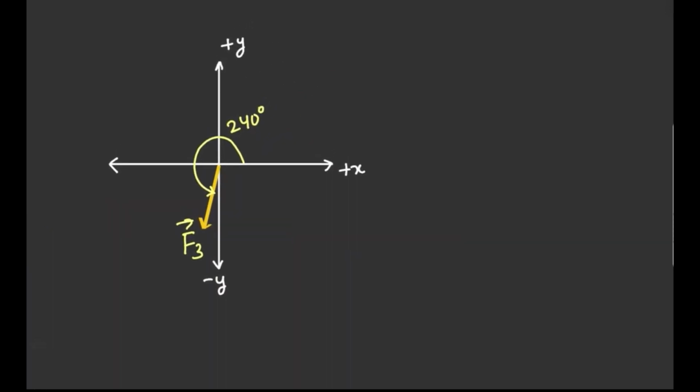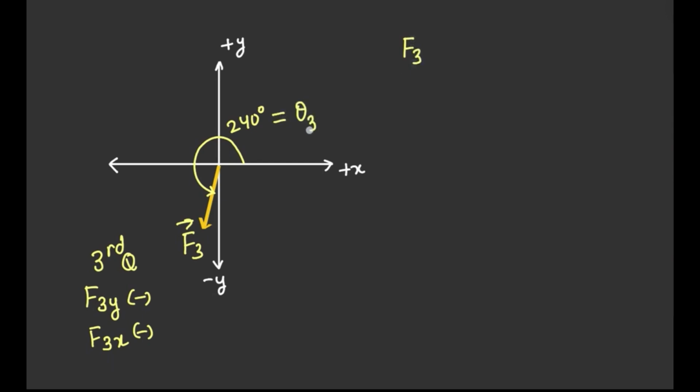So vector f3 is in the third quadrant. That means f3y should be a negative number, and f3x should be a negative number as well. Once again, there are two methods to do it. First is to use the angle 240 degrees, which is theta 3.